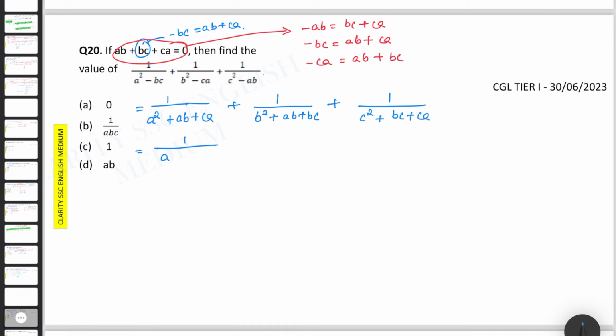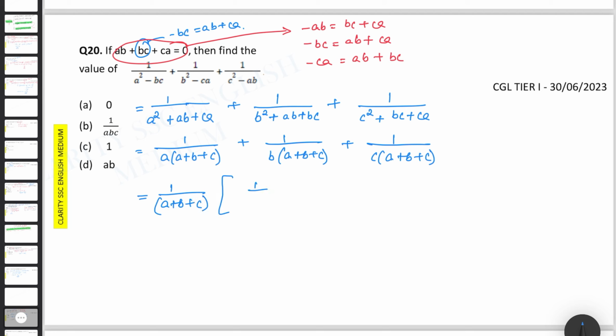Take a common here, a plus b plus c. b common here, a plus b plus c. And c common here, a plus b plus c. By taking a plus b plus c common, I'll get the value 1 by a, 1 by b, and 1 by c.